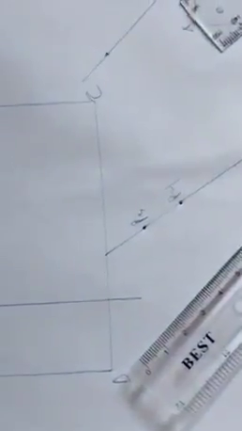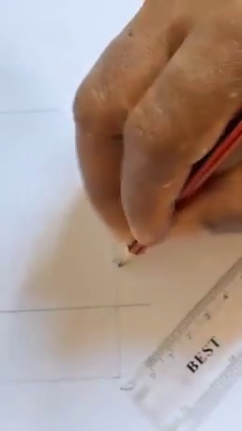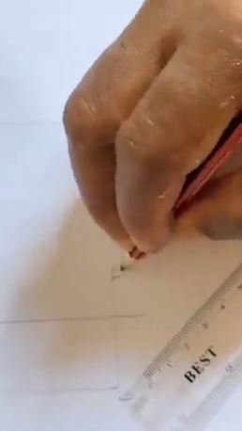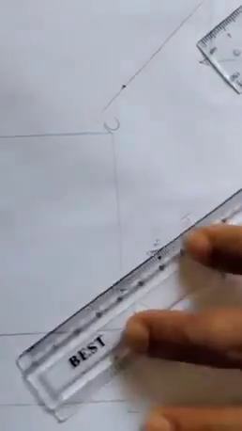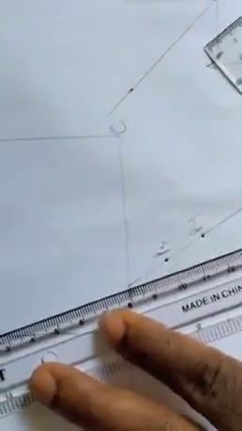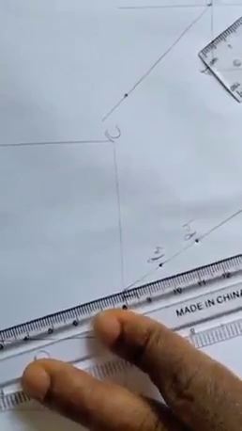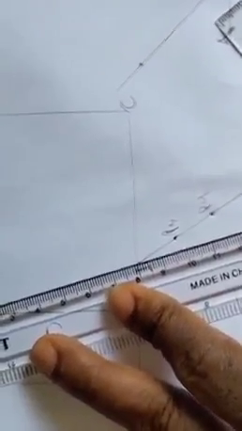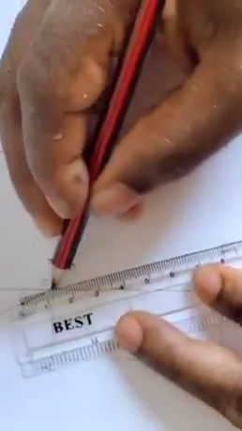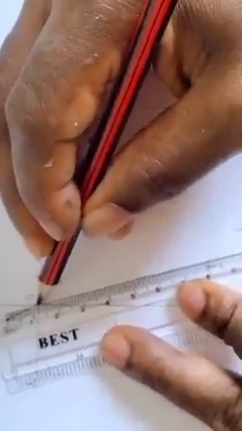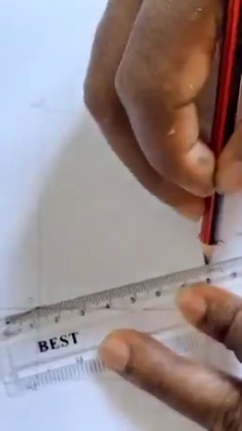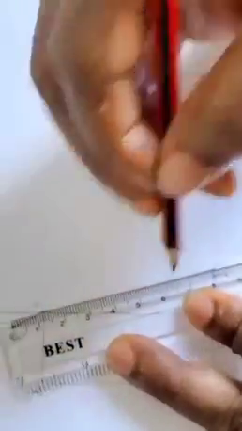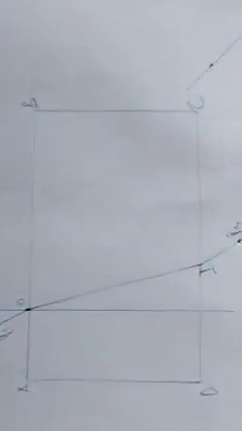This point is called I. Then with another straight line, you join the point I to the point O. You join I to O. Be very sure that you're getting it straight.